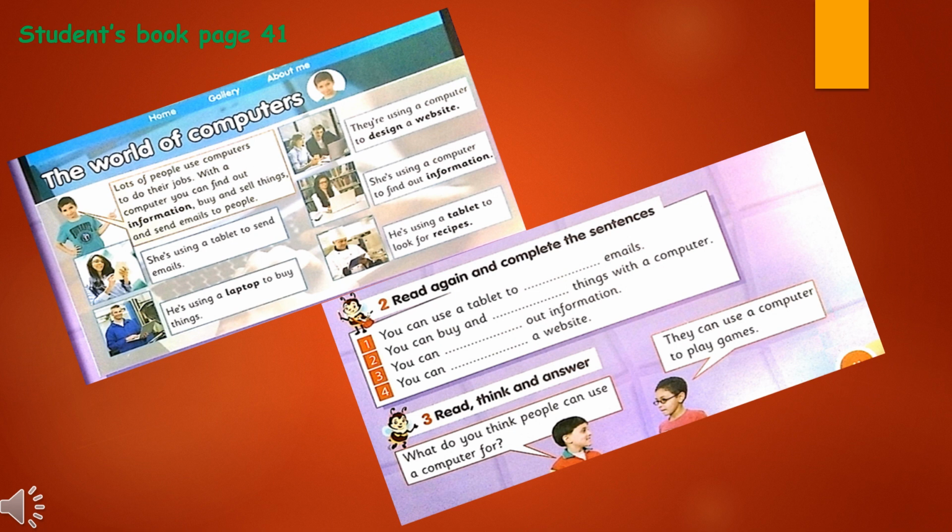In the next page, we are going to know more about computers and why we use computers. Let's read together. Lots of people use computers to do their jobs. With a computer, you can find out information, buy and sell things, and send emails to people. Information means new things to know. Or maybe you can buy and sell things.